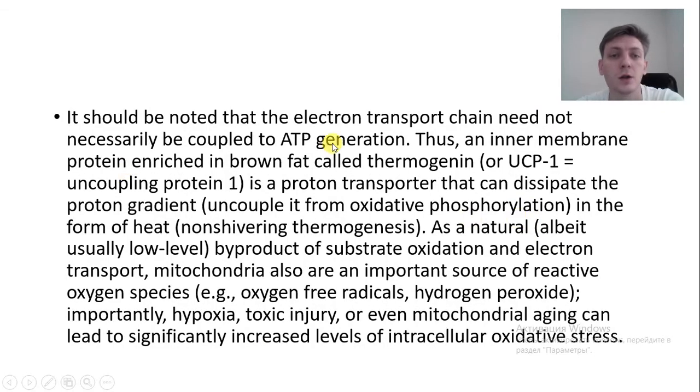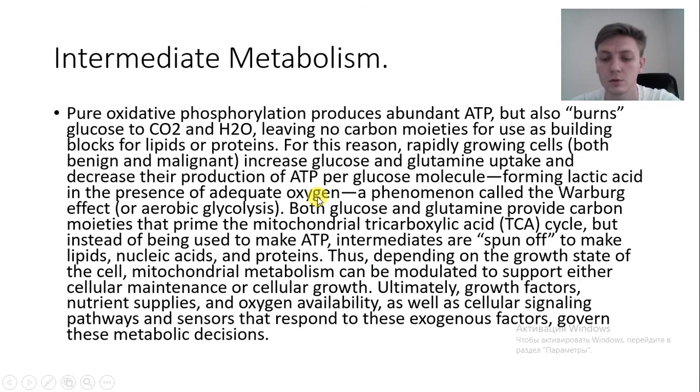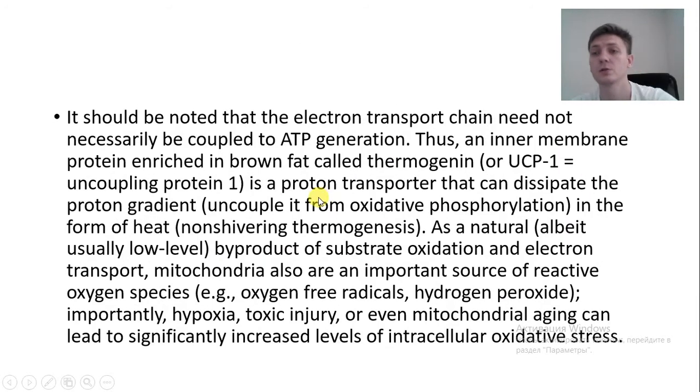Let's move forward. It should be noted that the electron transport chain need not necessarily be coupled to ATP generation. Here it's not shown, but you know that when you have a fever, what actually happens? With these H plus ions we have two pathways: to generate heat energy and to generate ATP energy.